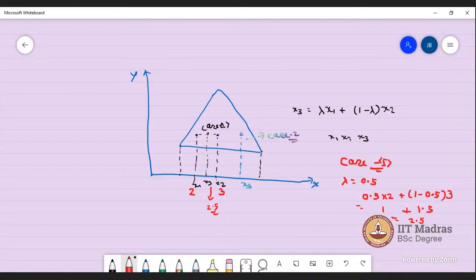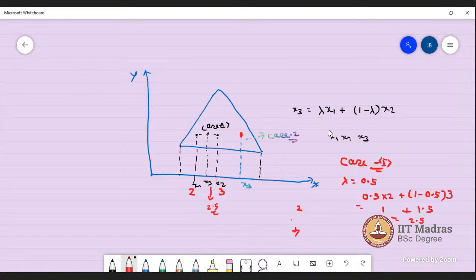See, what will happen if x3 is here? Still it is in this set, no? Yes. Then in this case, just see. Here we will take the lambda value as 2, or 1.5, anything more than 1.